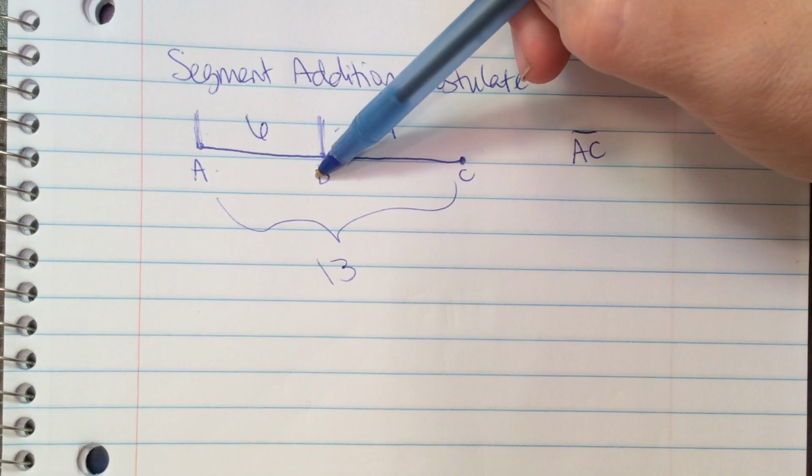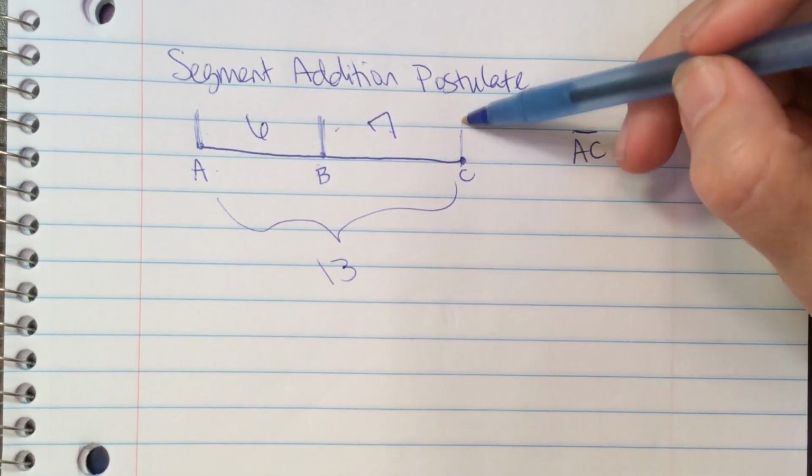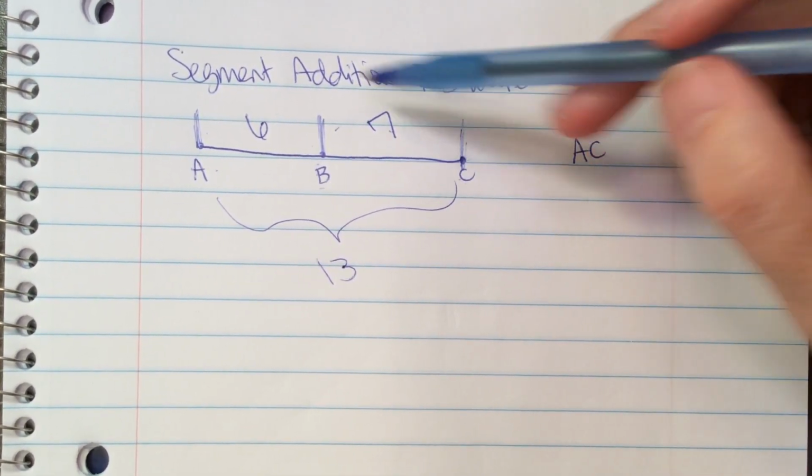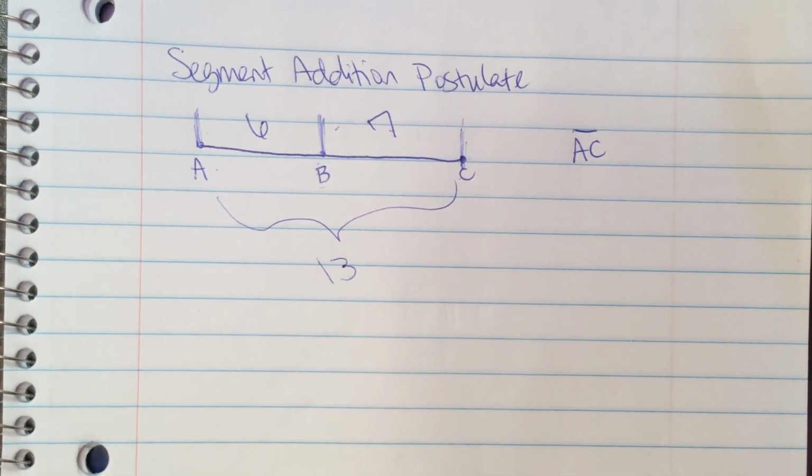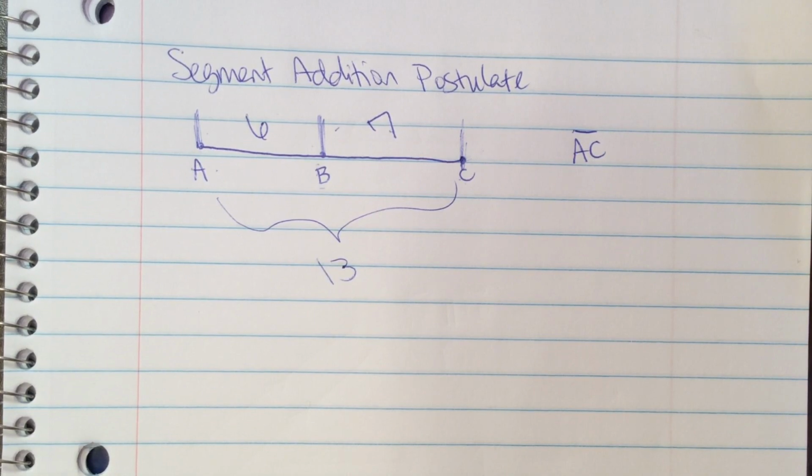Segment AB plus segment BC would have to be the entire segment. And it really does make perfect sense.